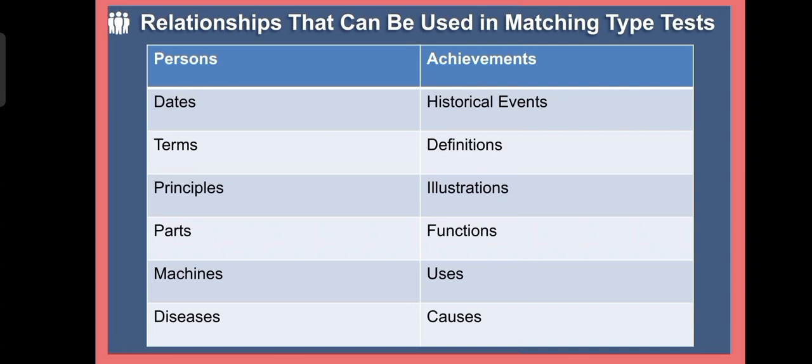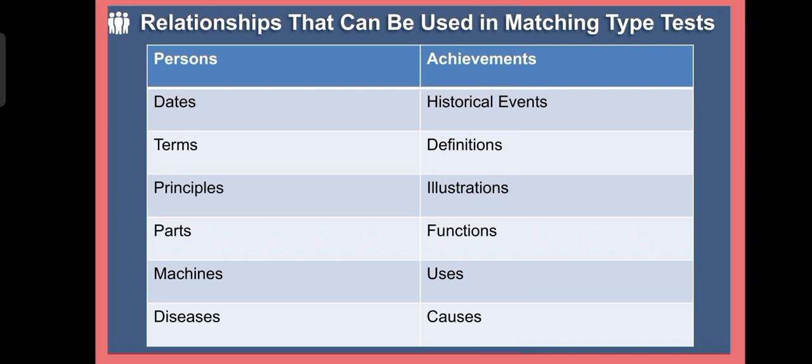Some examples include matching pictures with their descriptions or matching vocabulary words with their definitions. So the overall matching type tests are an effective way to assess someone's knowledge and understanding while minimizing guesswork and ambiguity in responses. The first category mentioned is persons.